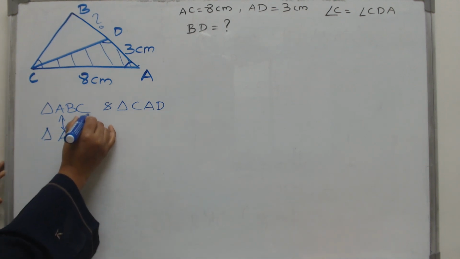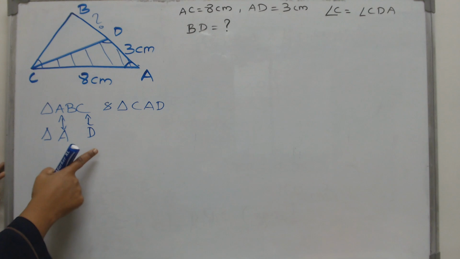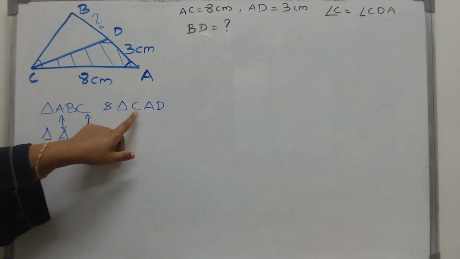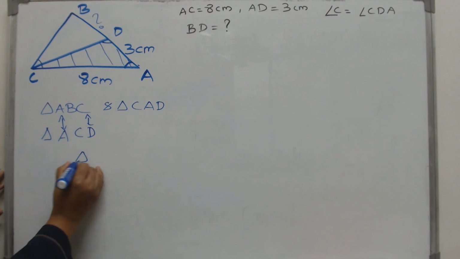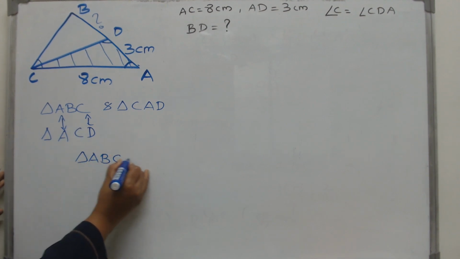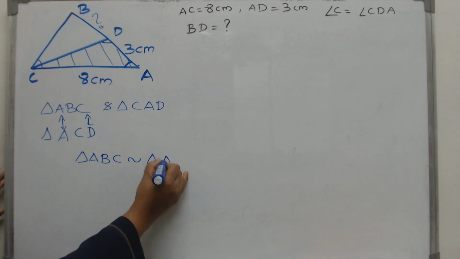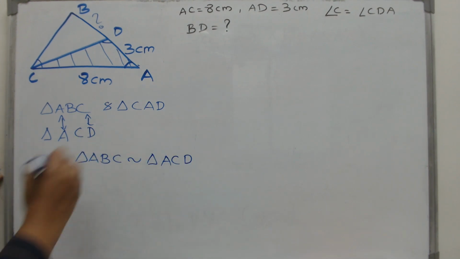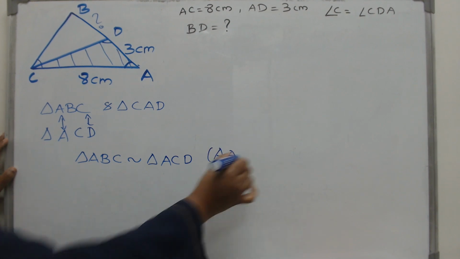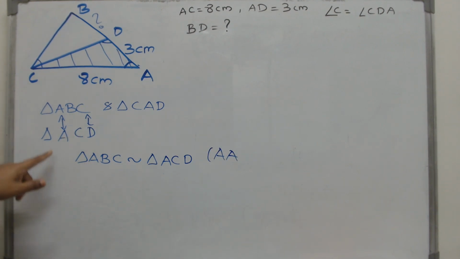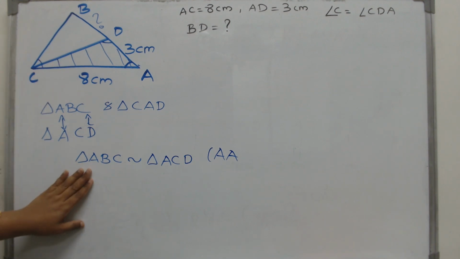So the place where you see C, you put D. What is the third and remaining vertex that you see here? There. So you have triangle ABC is similar to triangle ACD using what criterion? Using AA criterion. We have proved that two corresponding angles are equal. So these two triangles are similar.